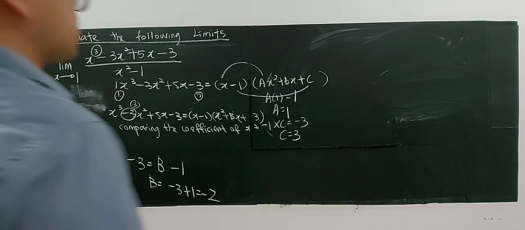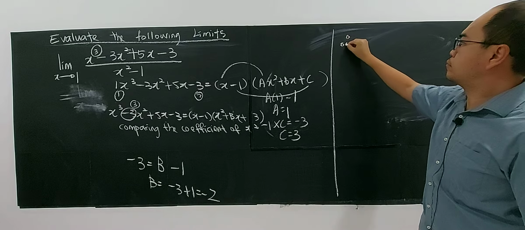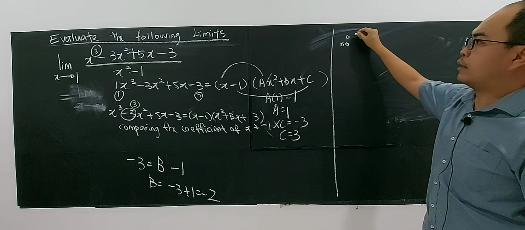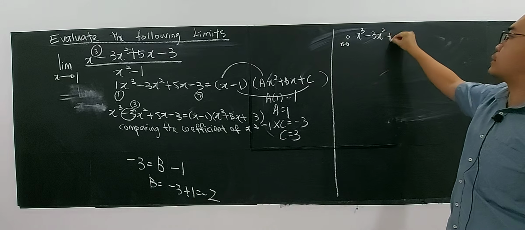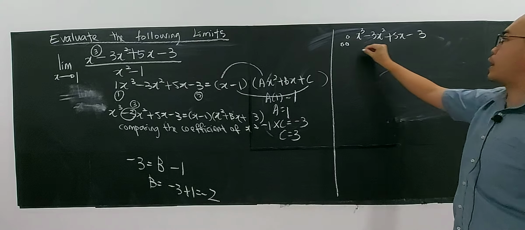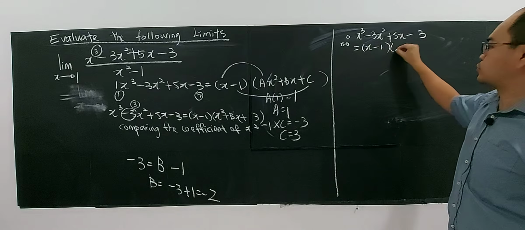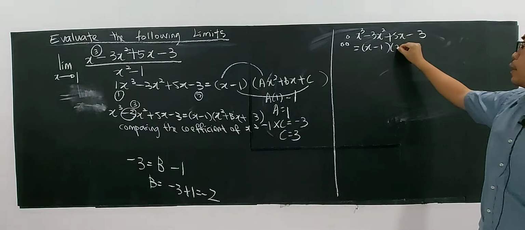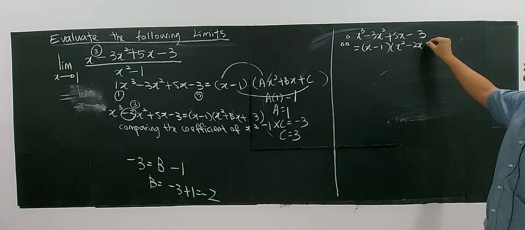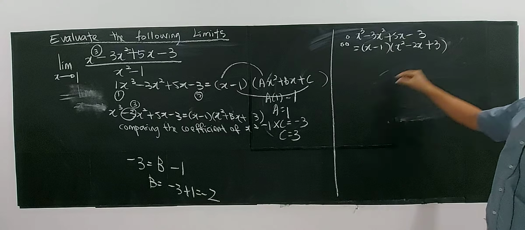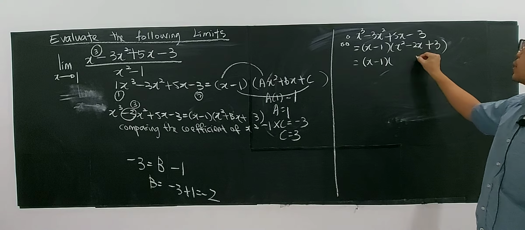So now you know that x cubed minus 3x squared plus 5x minus 3 can be rewritten as x minus 1 times (ax squared, a is 1, x squared, b is negative 2, negative 2x, plus c), c is 3. So if I factorize, I will get x minus 1.